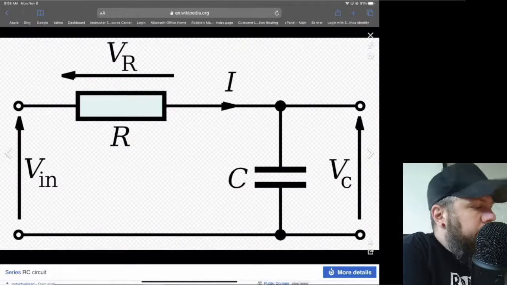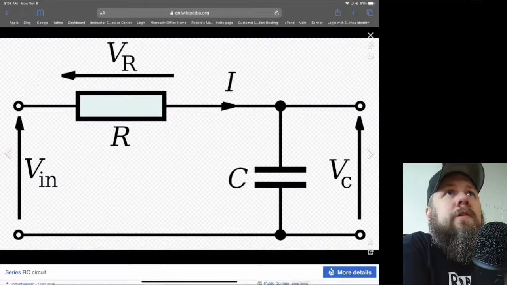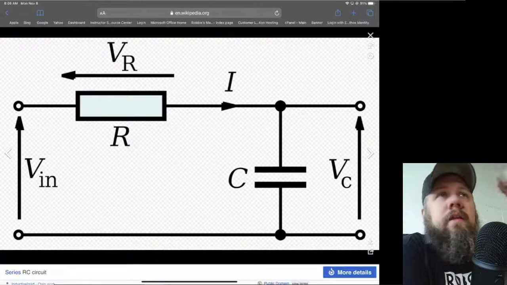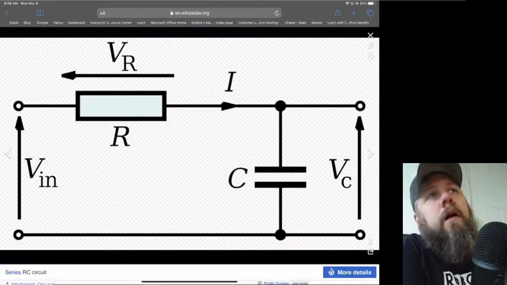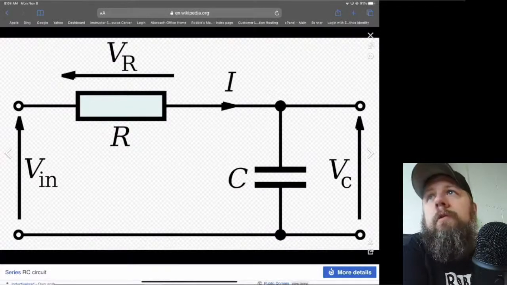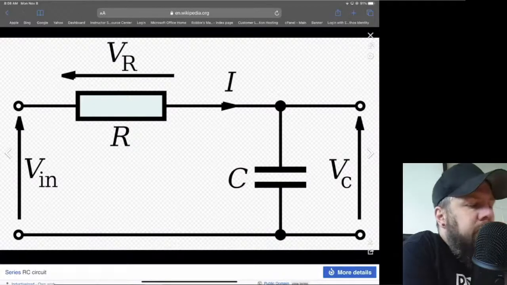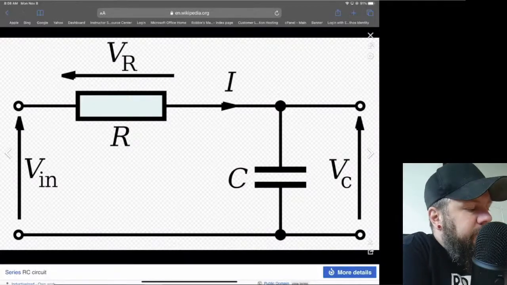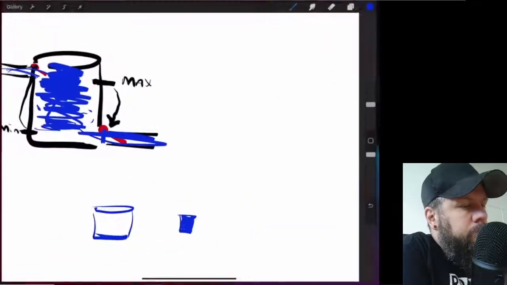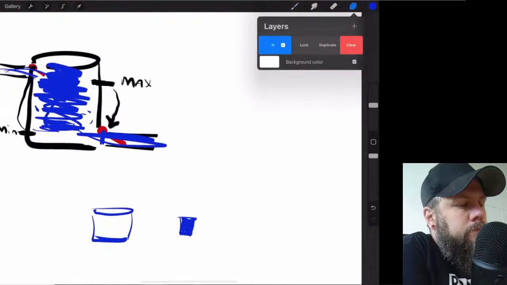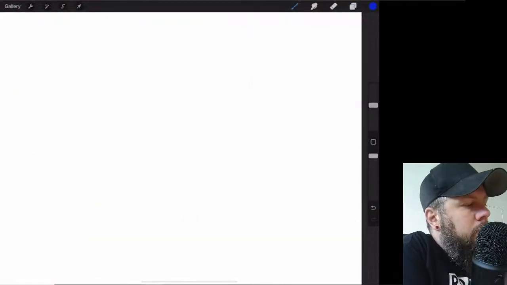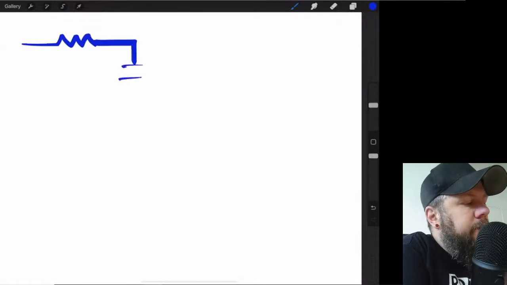VIN, so high frequencies would come in and then they'd get shunted straight to ground. They're grounded out. Low frequencies would go through. All right, so we've got a resistor and a capacitor right here.